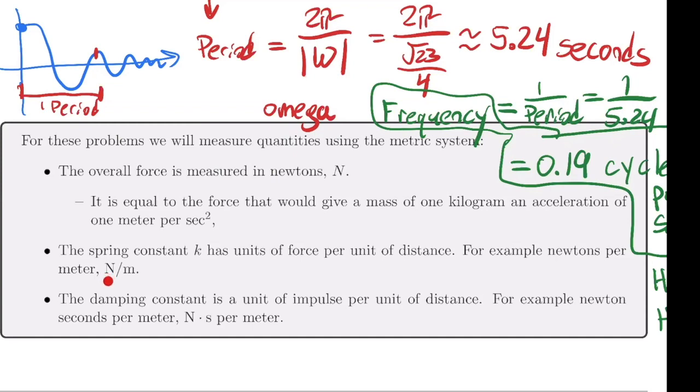And the damping constant is what we call a unit of impulse, and so it has units of newton seconds per meter. We're typically going to measure mass in kilograms or grams, and we'll measure distance in meters as well.